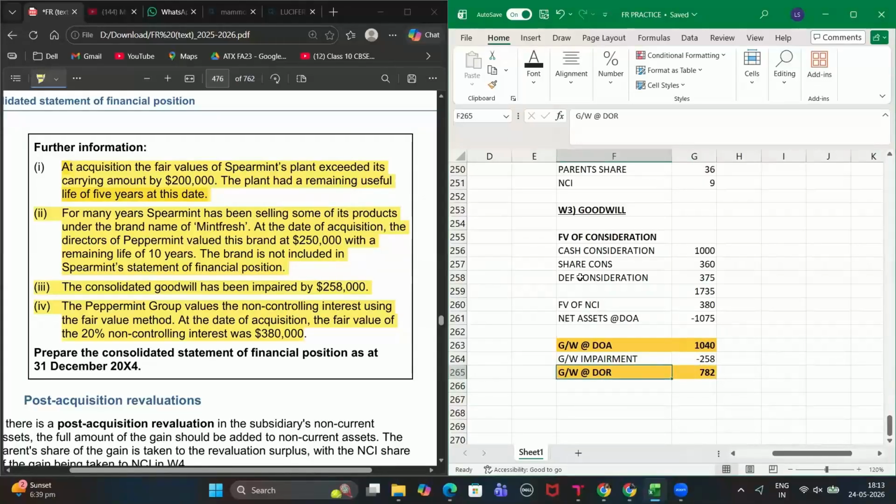Is it clear, guys? No doubt so far, right? Okay. Fine. So we found the carrying amount of goodwill.